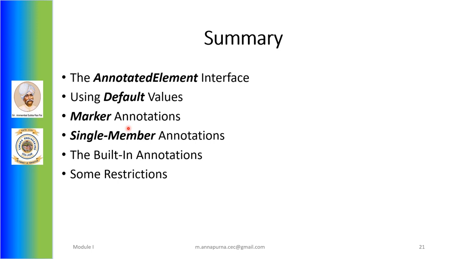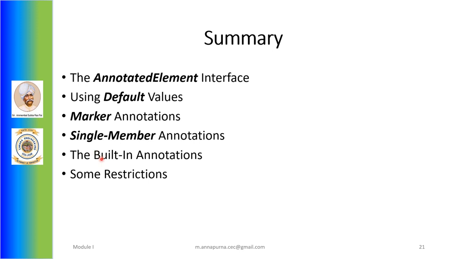Next, under marker annotations, we have learned that a marker annotation is a special kind of annotation which has no members, and its sole purpose is just to mark an item or declaration. To determine if a marker annotation is present, we can use the isAnnotationPresent method, which is defined in the AnnotatedElement interface.